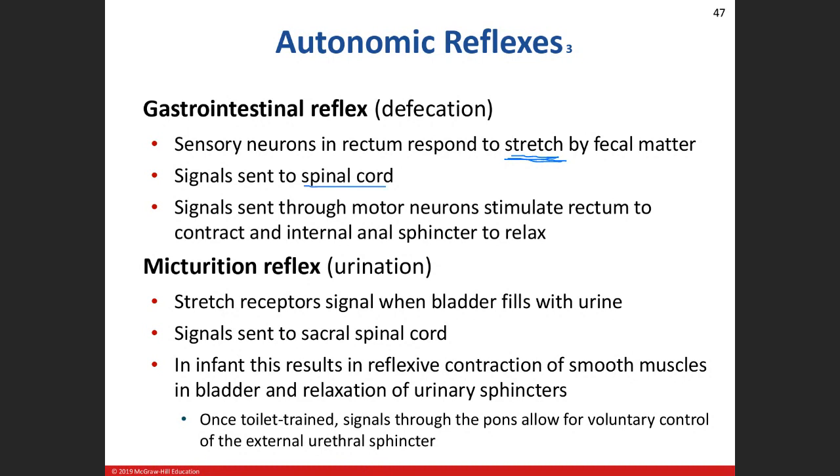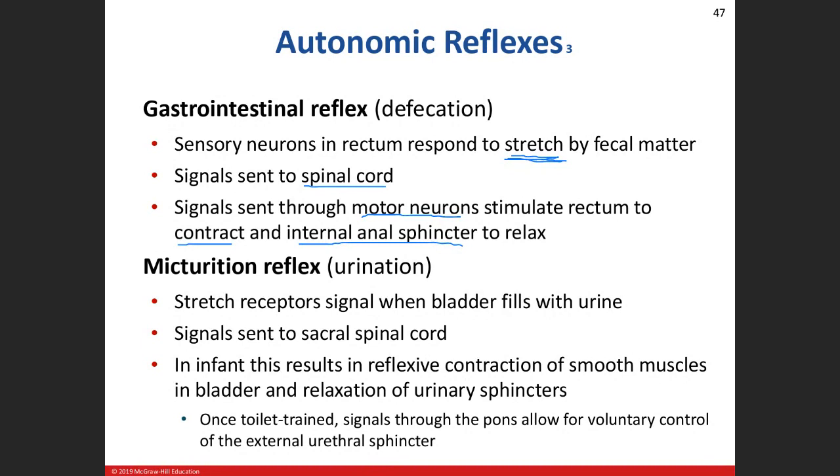The spinal cord is still part of the central nervous system. It's our control center. So this reflex is a spinal reflex. It doesn't go up to the brain. The spinal cord then responds by stimulating the motor neurons that go to the rectum, and it's going to, one, cause the internal anal sphincter to relax, while at the same time stimulating the smooth muscle in the walls of the rectum to contract.